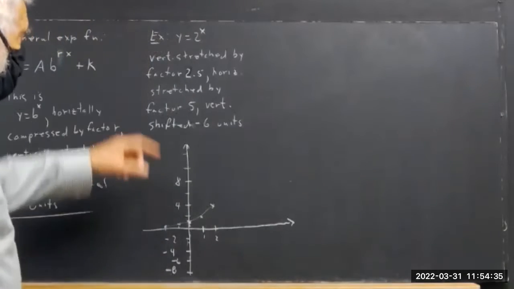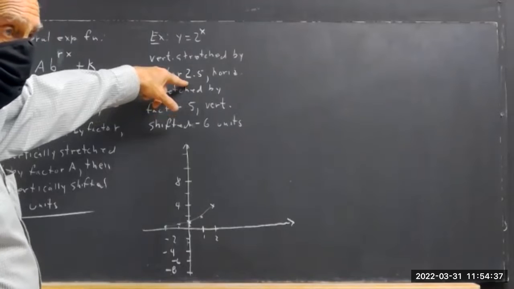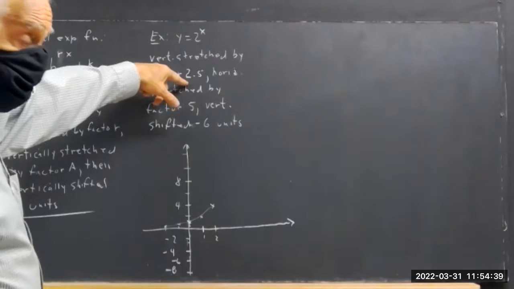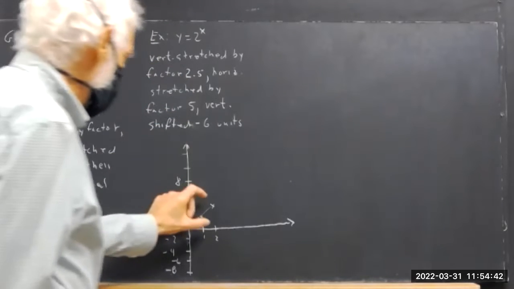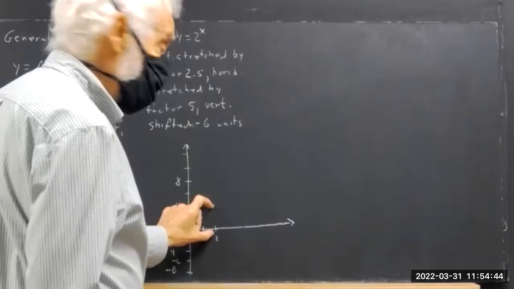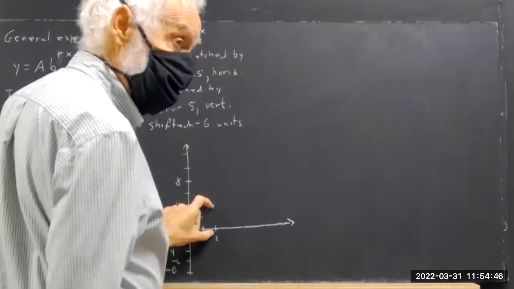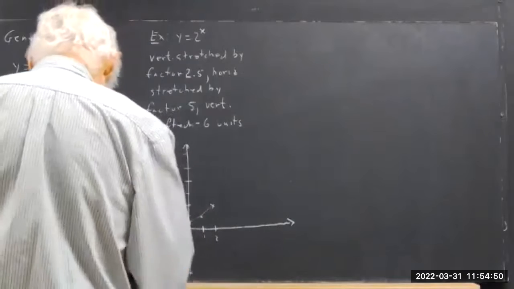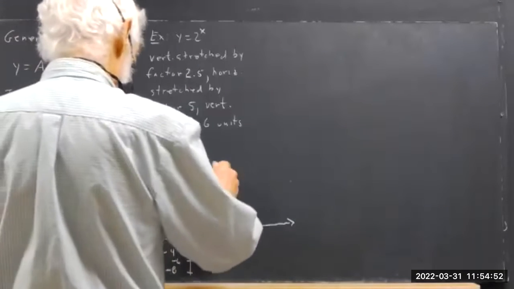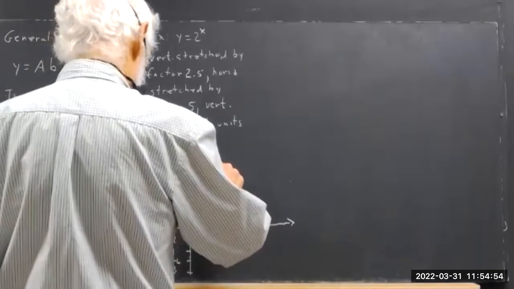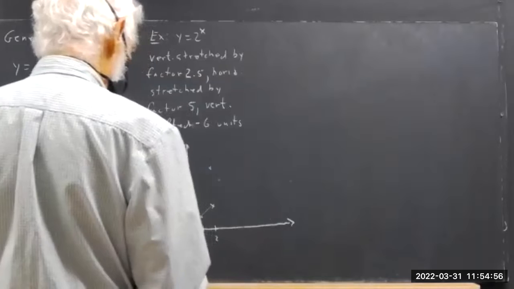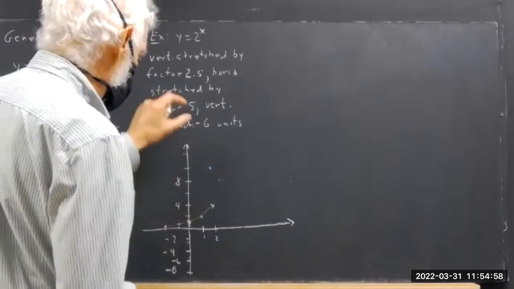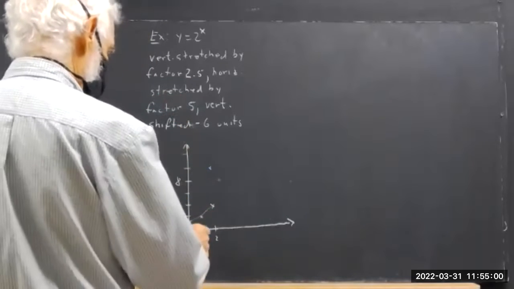I make each point 2.5 times as far from the x-axis. So I vertically stretch. How far is this? 4. 4 times 2.5 is 10. So this point goes up here to y equals 10. Now it's 2.5 times as far from the x-axis.